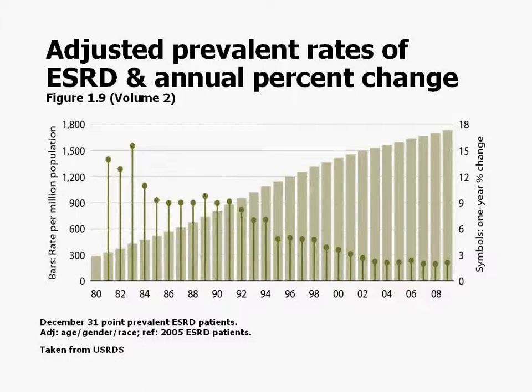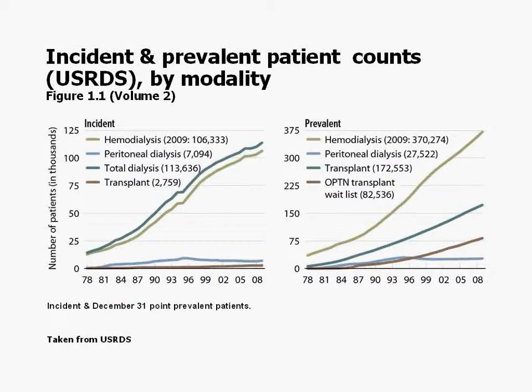The majority of new or incident patients enter hemodialysis, as shown here, or enter peritoneal dialysis or are transplanted. There have been failed efforts to achieve significant growth of PD. As fewer patients enter PD, the number of patients on PD shown here remains very, very small.